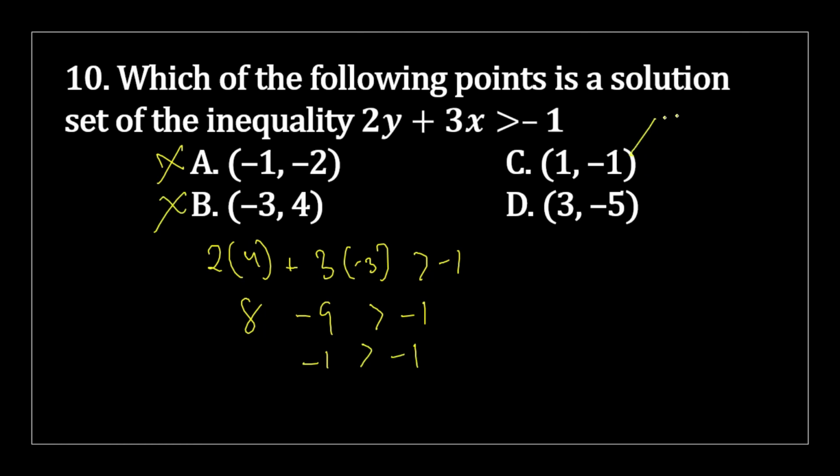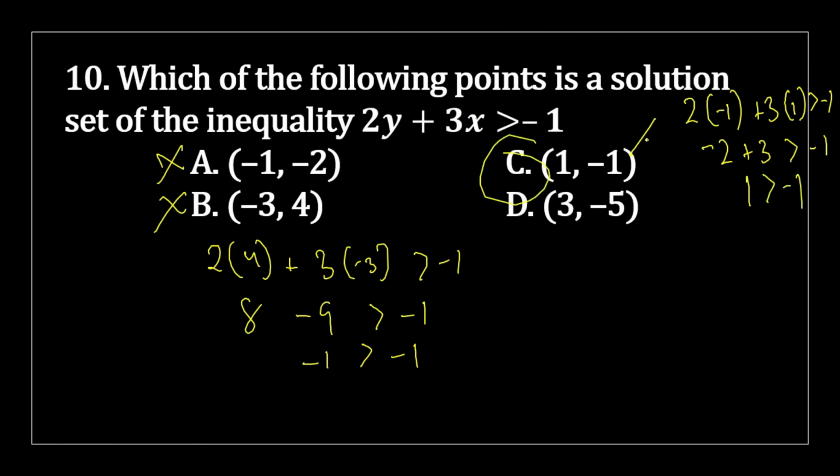So letter C, we have 2 multiplied by negative 1 plus 3 multiplied by 1 greater than negative 1. So this is negative 2 plus 3, which is 1, greater than negative 1. So letter C is correct.